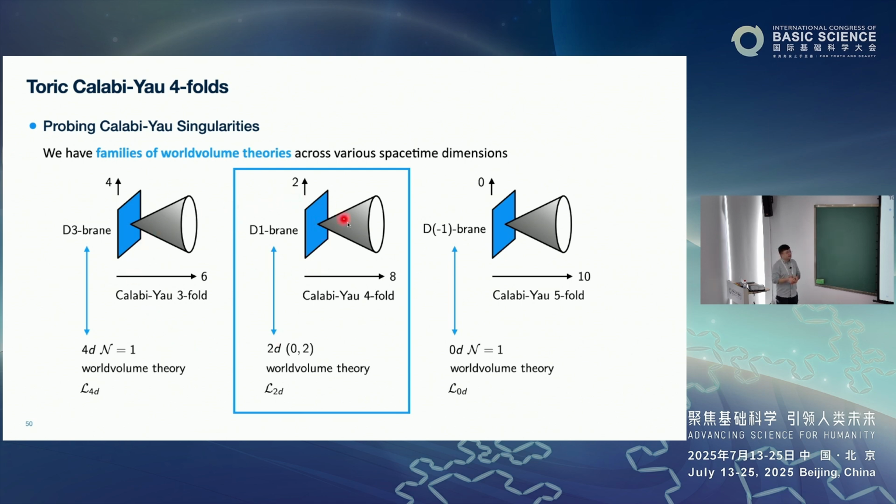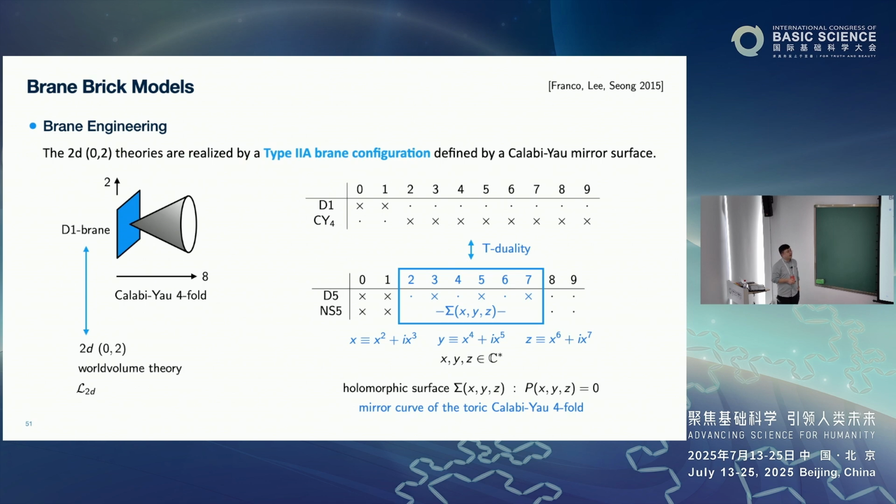The corresponding gauge theory is expected to be a 2d (0,2) gauge theory. Using the mirror surface of the toric Calabi-Yau fourfold, can we construct the associated 2d (0,2) gauge theory information? And in fact, the answer is yes.